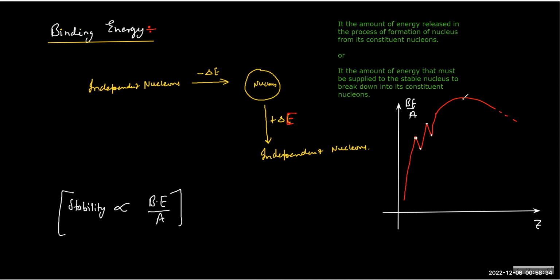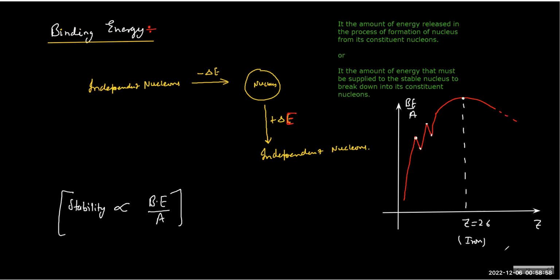Do you know this element? Iron, Z equals 26. So the nucleus of iron is most stable.